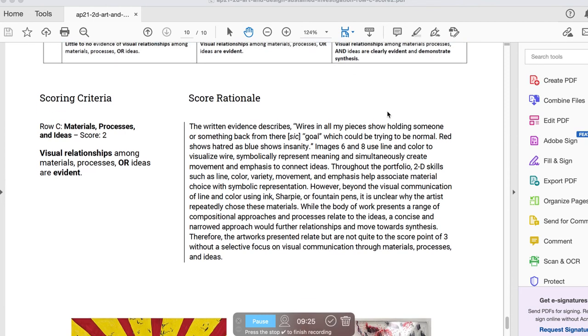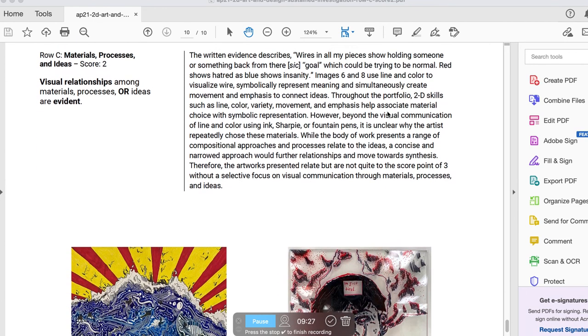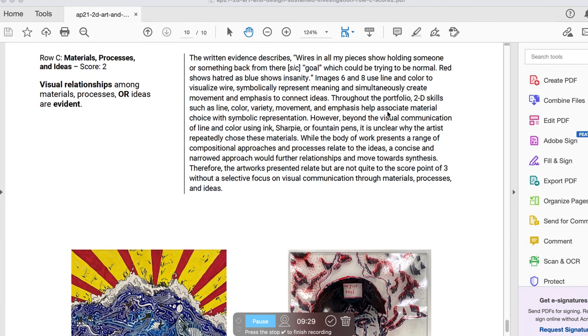So let's read about why this one received a 2. The written evidence describes wires in my pieces show holding someone or something back from their sick goal, which could be trying to be normal. Red shows hatred as blue shows insanity. Images 6 and 8 use line and color to visualize wire, symbolically represent meaning, and simultaneously create movement and emphasis to connect ideas.